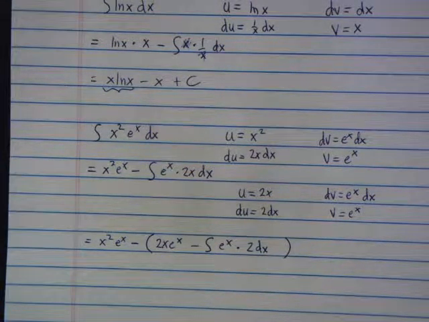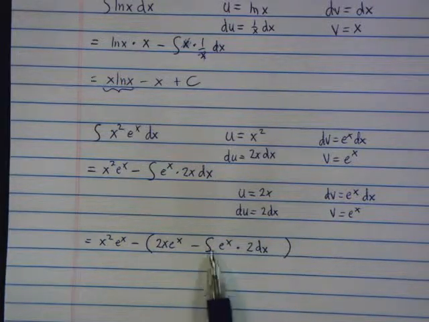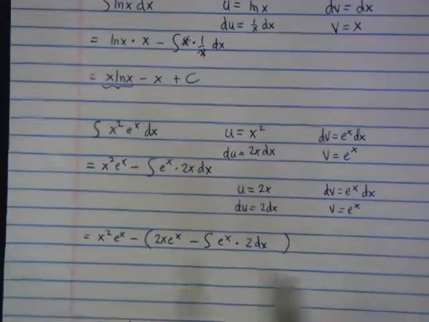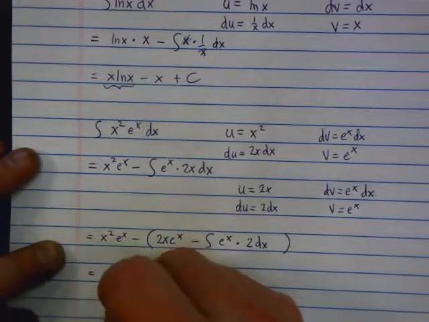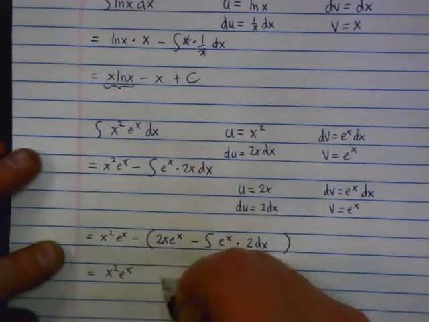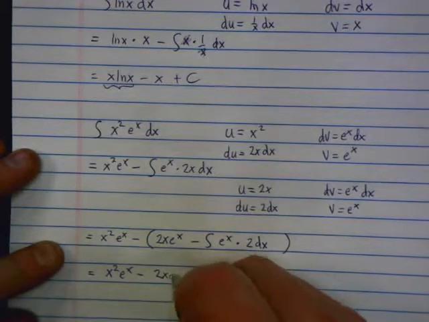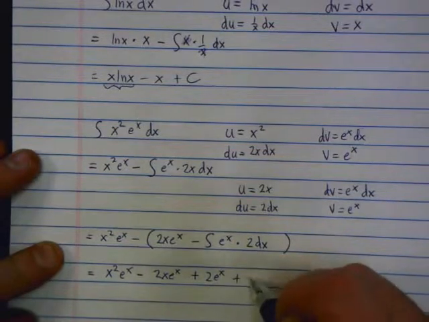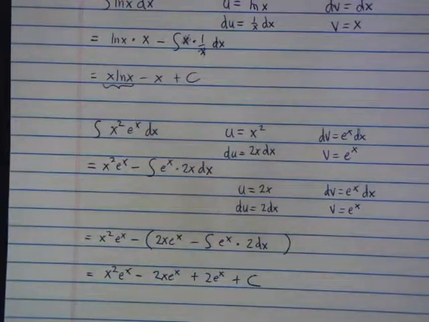Now we're in wonderful shape because now we've gotten rid of the multiplication altogether. We're just left with the integral of e to the x, which is e to the x. Final answer: x squared e to the x minus 2x e to the x plus 2e to the x plus c.